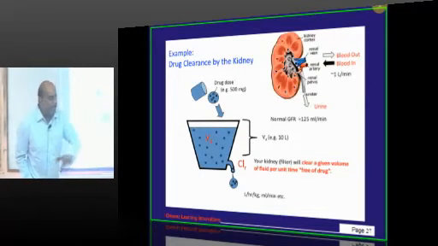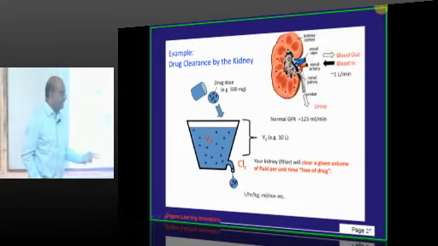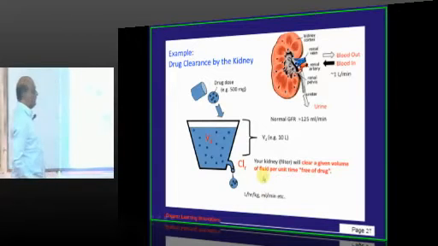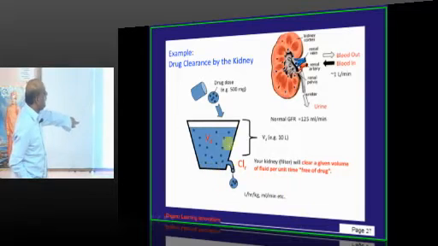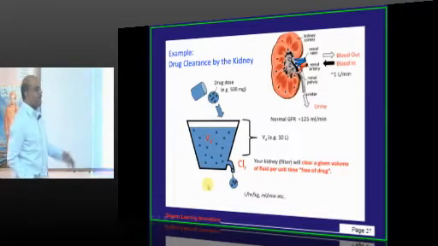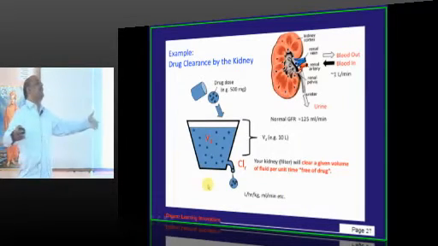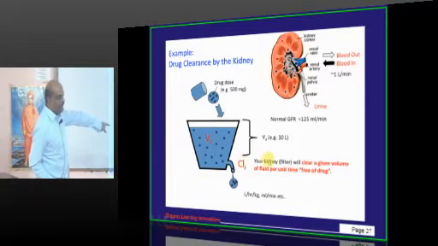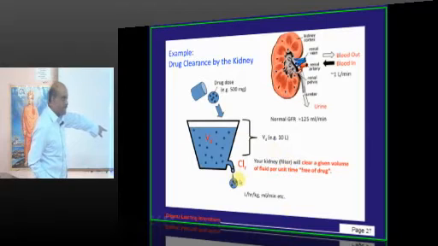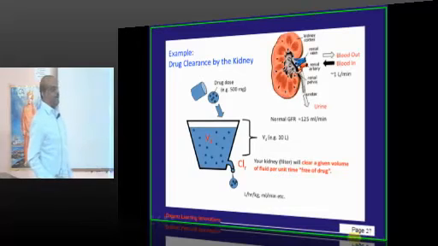Unless it reaches the liver and kidney, it can't be cleared. So whenever you administer a drug, the most important determinant is whether it is remaining in the plasma or getting distributed. If it remains in the plasma, it will reach the kidney or liver, the organ of elimination. Once it reaches that organ, how well it is cleared by that organ, the clearance, is the ultimate determinant.